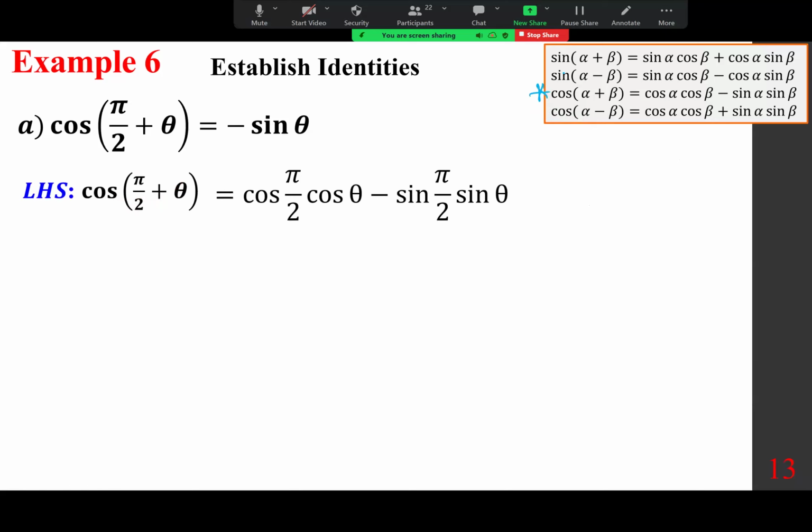Cosine of pi over 2 is 0. Sine of pi over 2 is 1. So this goes to 0 and we get minus sine theta. And believe it or not, that's the proof, everybody.